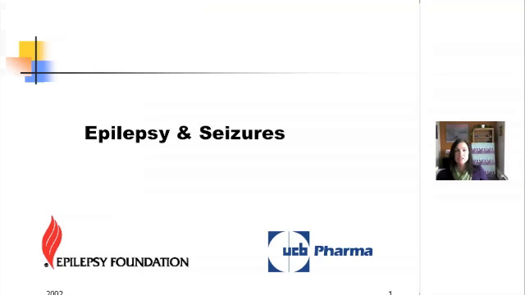And we will just start and go through the PowerPoint presentation first. Then we would suggest that you view the video afterwards. It's a Take Charge of the Facts video, and you can access that on YouTube. If you search for Take Charge of the Facts Epilepsy, that video should pop up, and then you can watch it on your own.